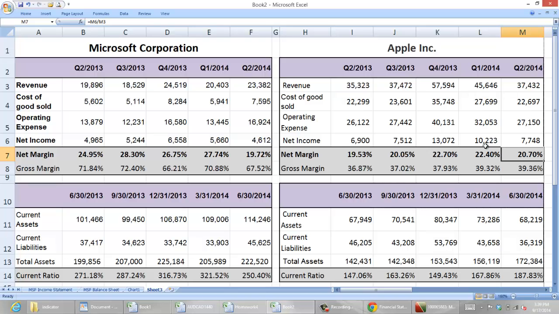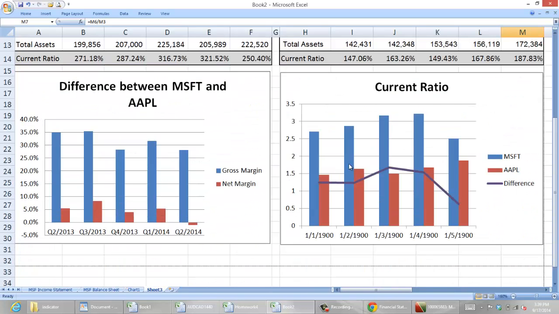compared to Apple's 20. Okay, so over here I make a chart instead of looking at it one by one. This chart here, the first one, tells you the difference between Microsoft and Apple in terms of two things. One, net profit margin. The other is gross profit margin.